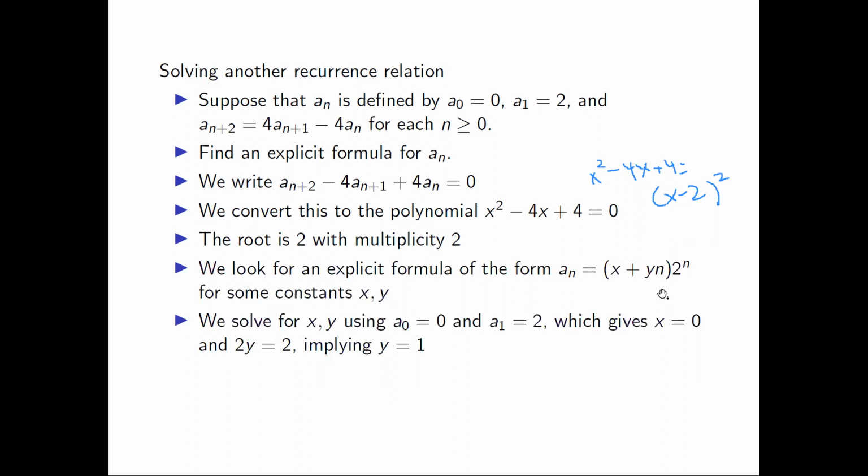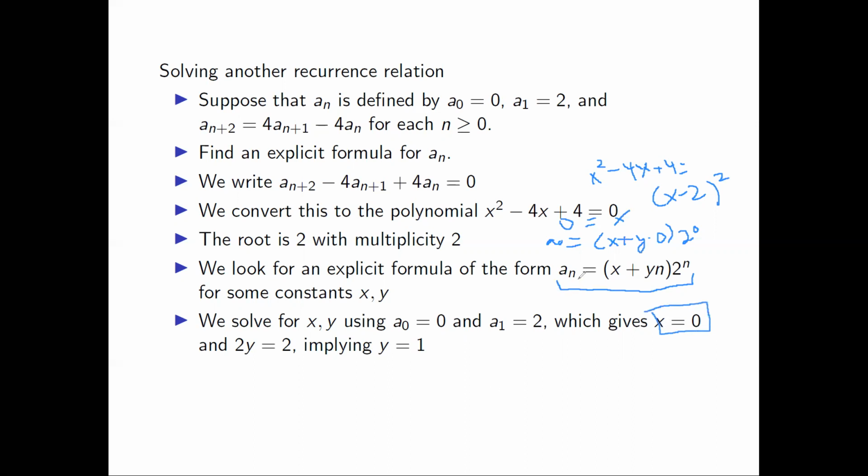So a sub 0, we were told that equals 0, which implies when we plug in n equals 0 into this explicit formula, we get a sub 0 equals x plus y times 0 times 2 to the 0. We can write that as 0 equals x plus y times 0, which is just x, and 2 to the 0 is 1, so we just get x. So that gives us x equals 0.